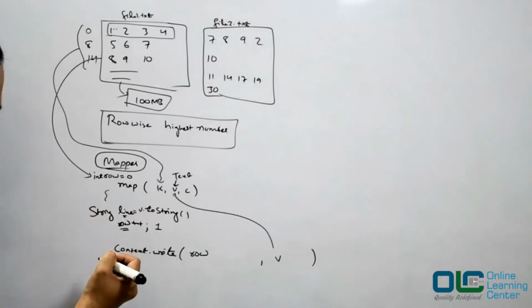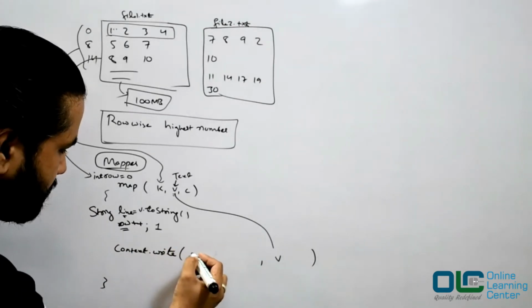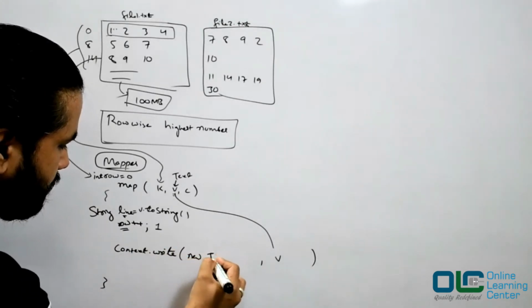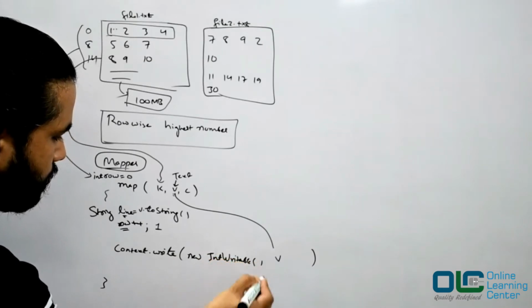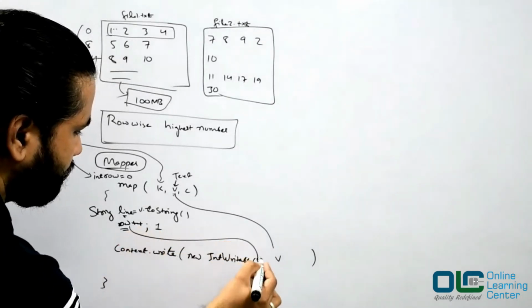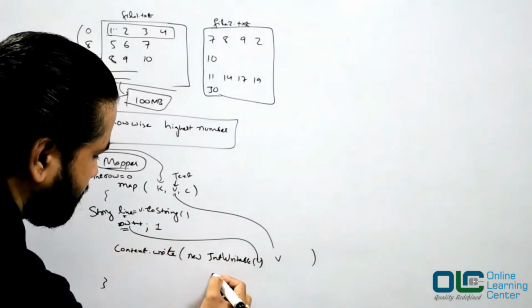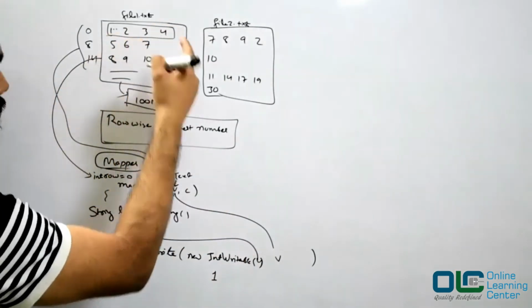And you are saying context.write row, row is actually an integer, so you should basically say new IntWritable of row. So you are basically writing 1, and you're writing the entire value. So 1 2 3 4 is the entire value.